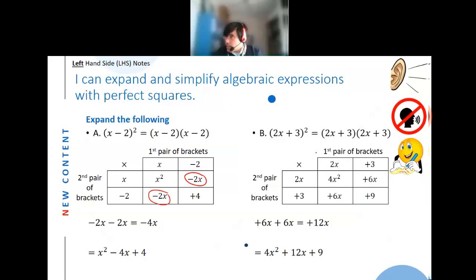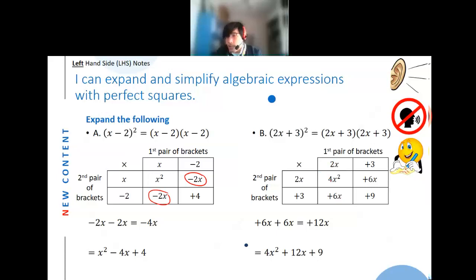Next we have 2x plus 3 in brackets squared. First rewrite it as 2x plus 3 multiplied by another 2x plus 3. We have 2x plus 3 at the top and then 2x plus 3 down the side. So 2x times 2x. Remember we multiply the numbers together and the letters together.